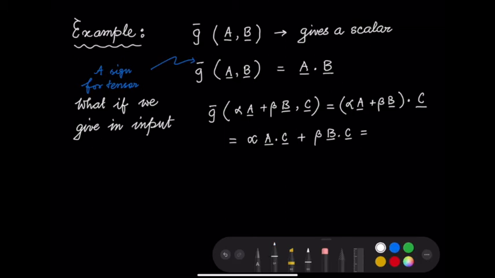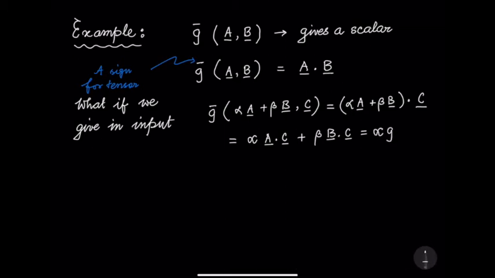Now this I can write as alpha G taking A and C plus beta G taking B and C. You see what we have got?